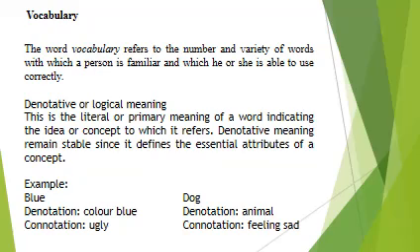For example, when we look at the word blue, the primary meaning of this word blue is color, that is color blue. And also the primary meaning of the word dog is animal. And in every dictionary you check, the meaning remains the same.